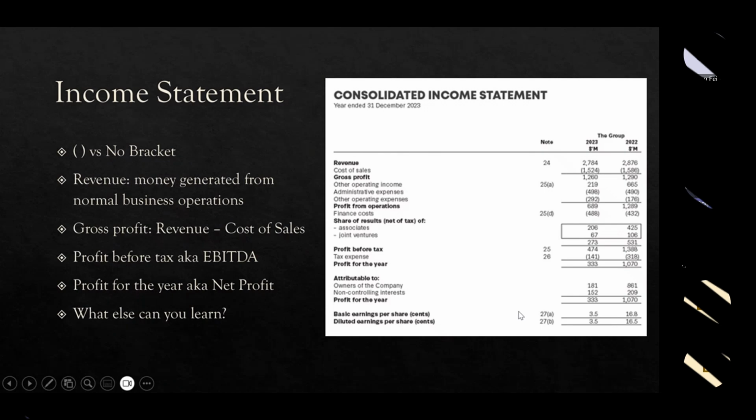For the first item on this presentation, I would first talk about the income statement. Just to share a basic accounting term, which is bracket versus no bracket. Does anyone know the difference between the numbers with bracket and numbers without bracket? Anyone?